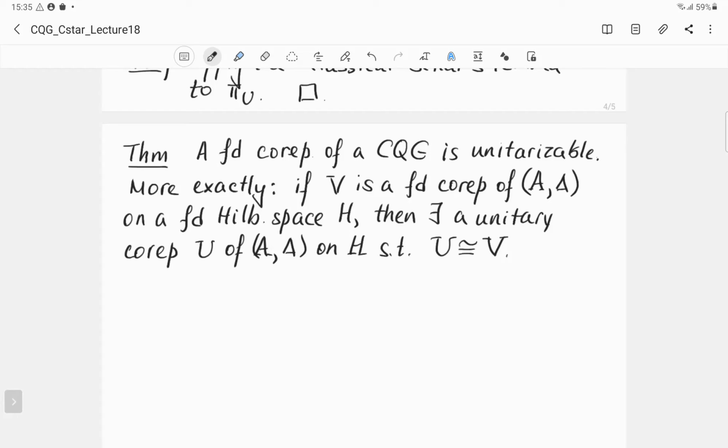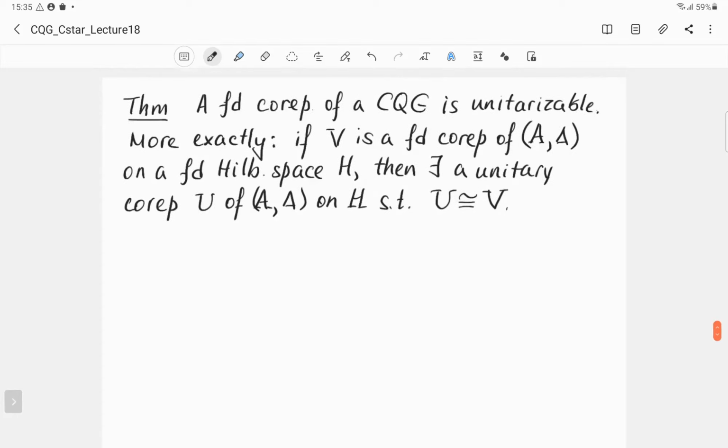Okay, so this is our result. And again, as before, the proof will be based on a couple of simple computational lemmas.